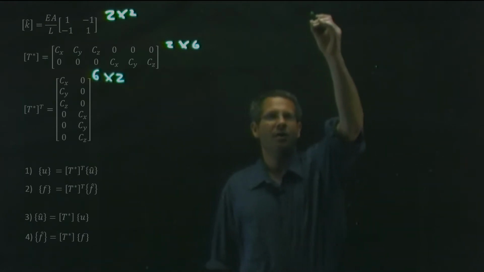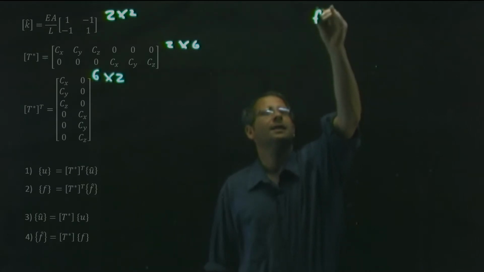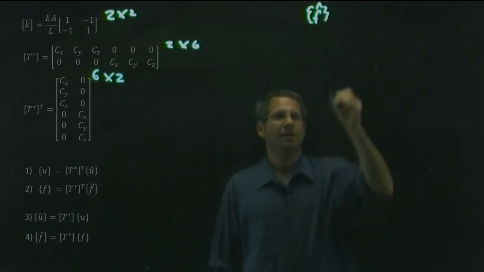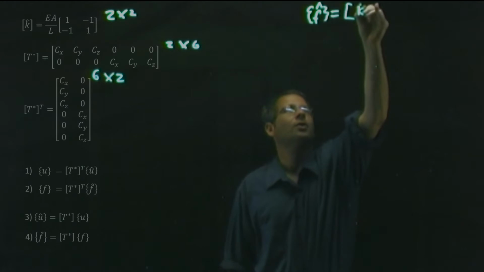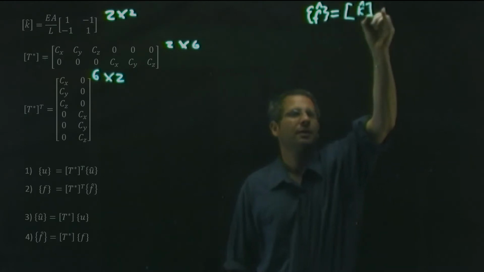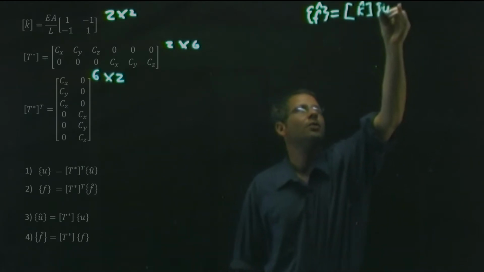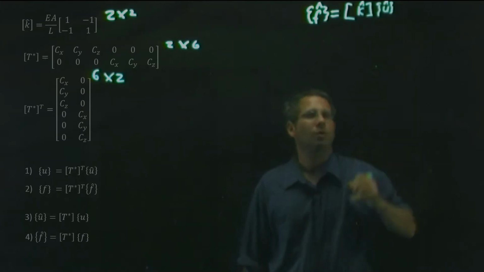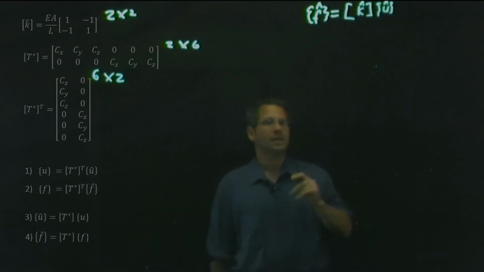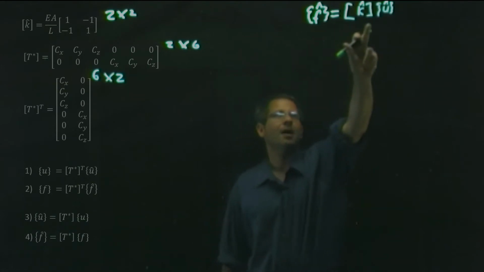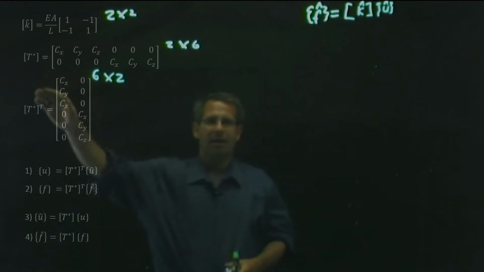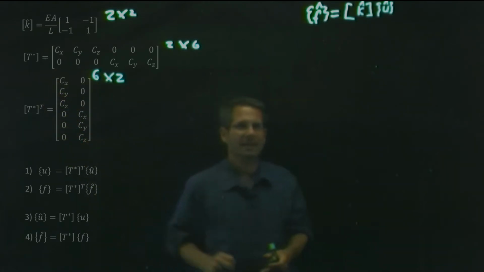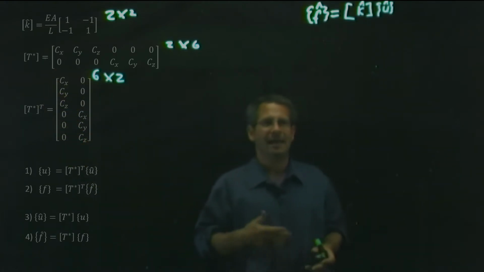So recall, the equation we're going to start with is the force vector in the local coordinate system is equal to the local stiffness matrix times the displacement vector in the local coordinate system. All right? The first thing I'm going to do is multiply both sides of the equation by this matrix. I'm doing this, in this case, simply because I can, and it gets me where I want to go.